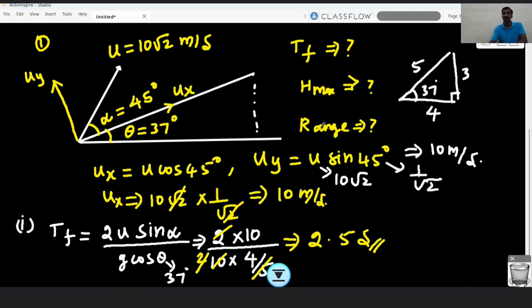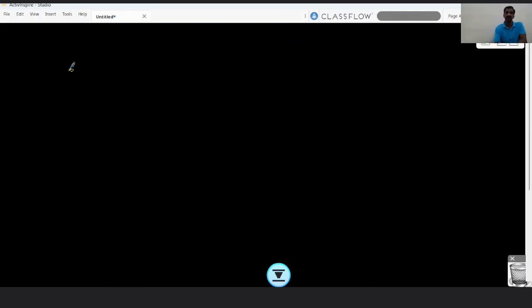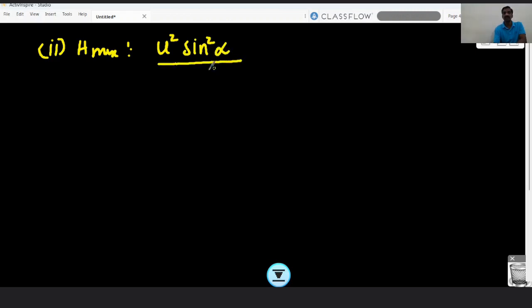Now we are going to find the range. So how to find the range? Before that we shall find H maximum also. The H maximum formula is u square sin square alpha by 2g cos theta.